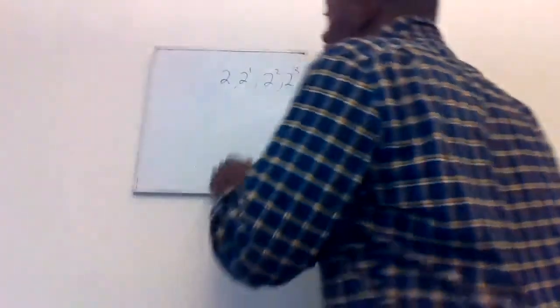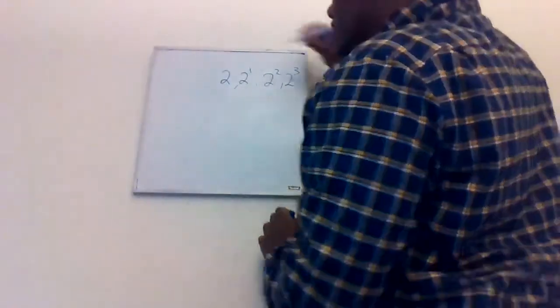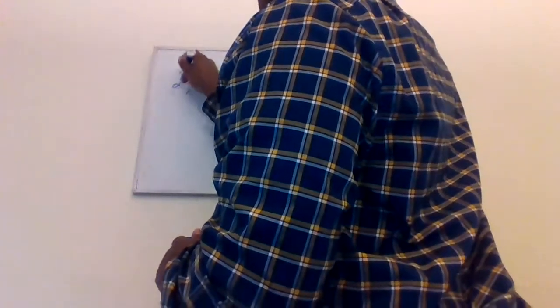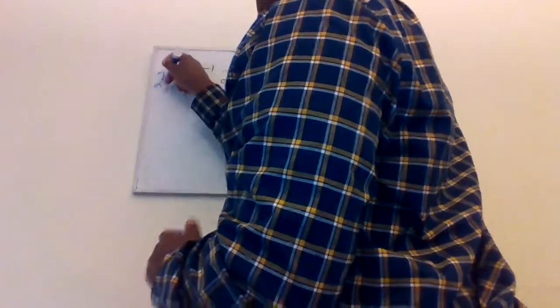So let's start off with what is 2 to the first, 2 to the second, and 2 to the third. And we'll also look at going the other direction. What's 2 to the 0, 2 to the negative first, 2 to the negative second, and 2 to the negative third?